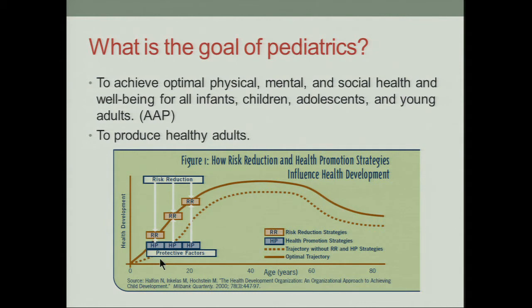Through a combination of health promoting and risk reduction factors, we can actually shift the life trajectory of our patients. So it's up to us to make sure that our patients grow into healthy adults. And what you'll notice here is that really small changes in health in childhood are magnified over time and actually sustained throughout this life course.